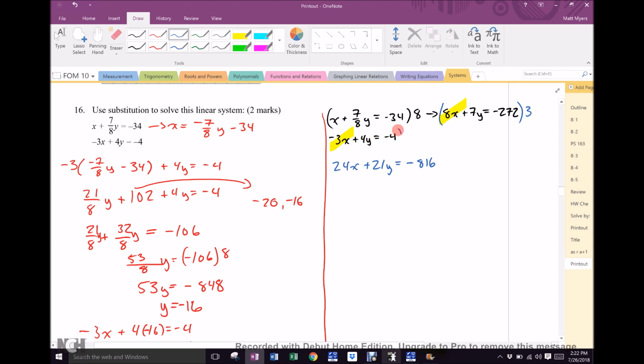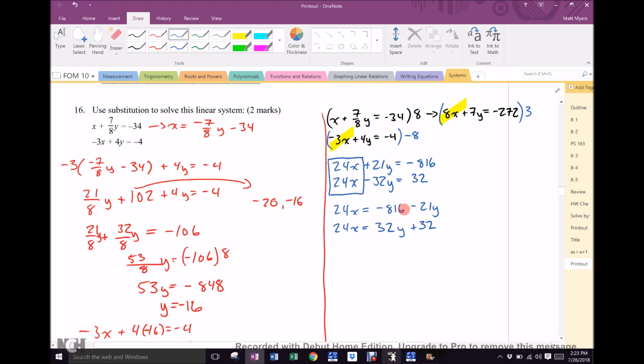And if I multiply that by negative 8, I get 24x minus 32y equals positive 32. Now you can see that I have two things the same. So 24x equals negative 816 minus 21y. And 24x equals 32y plus 32.